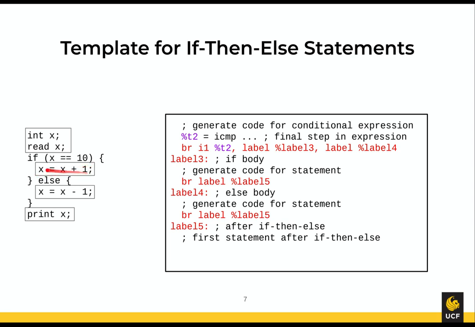The first block is run when the condition is true. The second block is run when the condition is false, but not both. And of course, once they finish, we start executing print x. So the way we represent that in LLVM, this branch, because it takes 2 labels, makes it very convenient to do this. The first label is just like before, the body of the if. The second label, instead of being the code after the if statement, is the code for the else body instead.